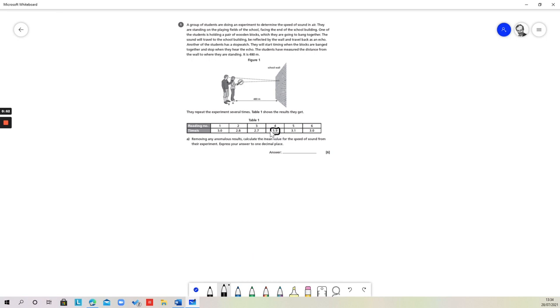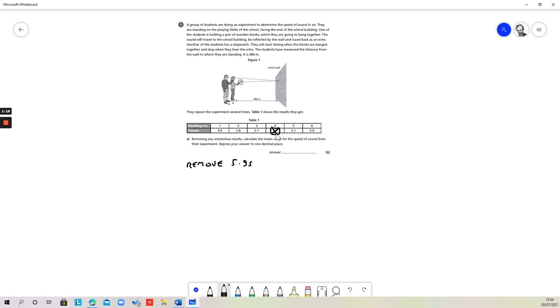Well, it's around twice the size of the others, so therefore what we're going to do is to eliminate that first result there. So let's just make a note of this. So we're going to remove from any calculations the 5.9 second reading.